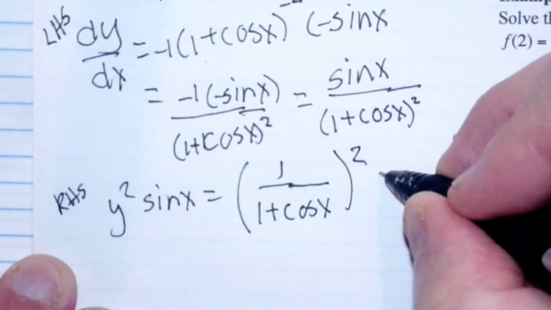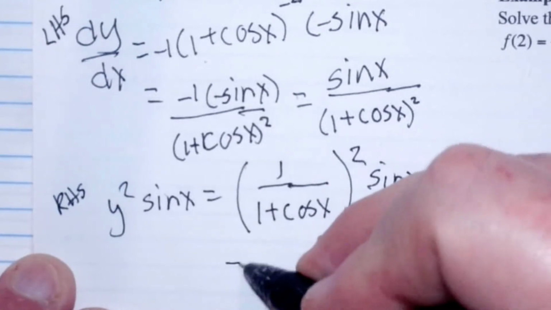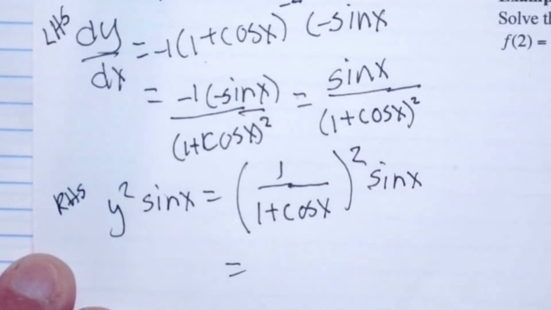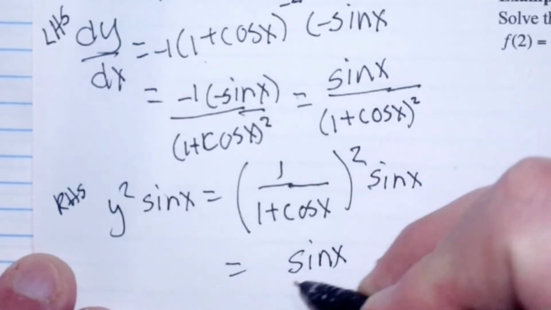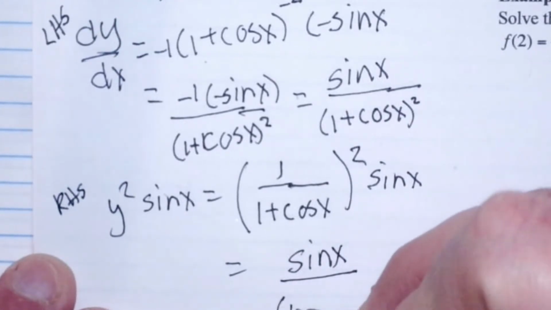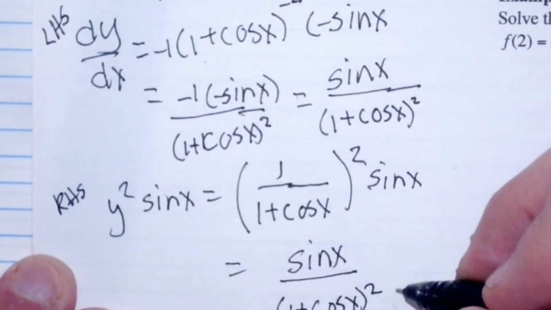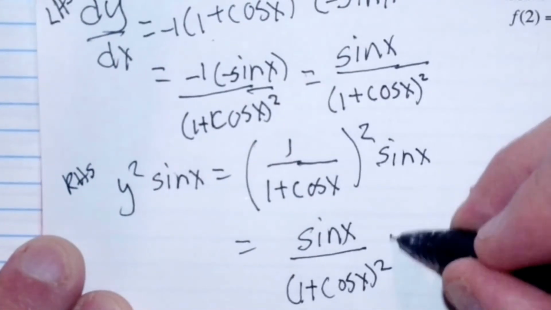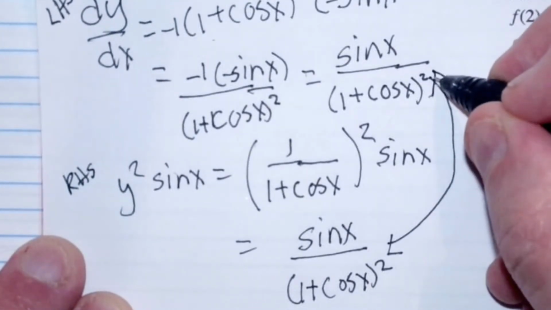We'll square that and multiply it by sine x. And if you combine everything and simplify, that turns into sine x over the square of the quantity 1 plus cosine x, which is exactly what we have up here.